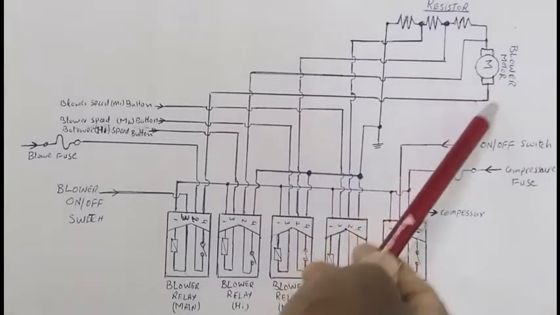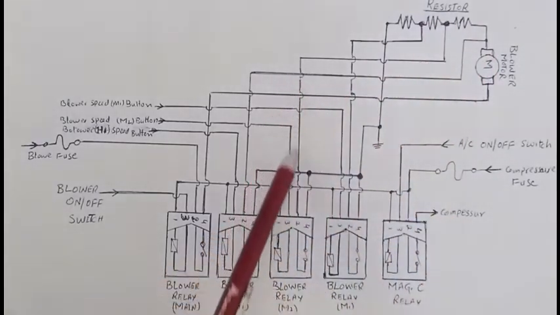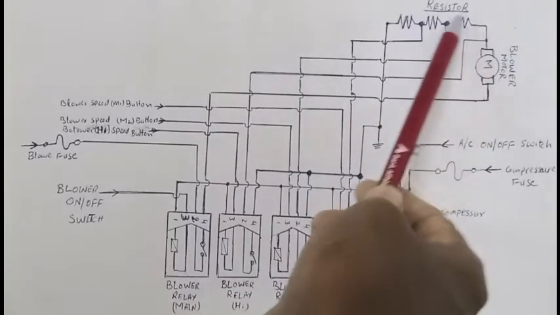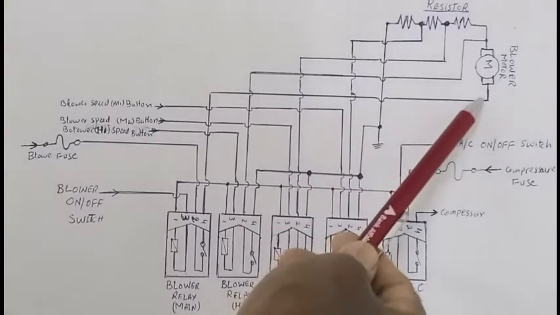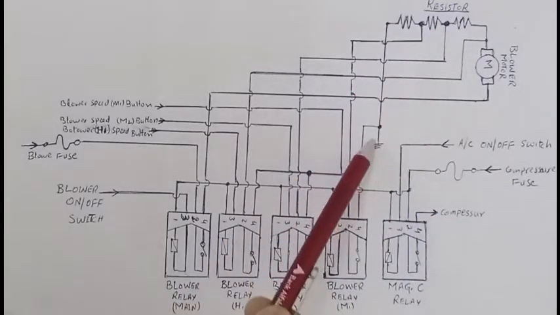It means the current is not flowing through this area, not flowing to this because this is also open, and not flowing to this one because this one is also open. So current flows to this, to this one, to this one, to ground.